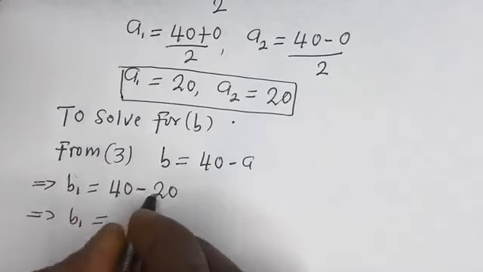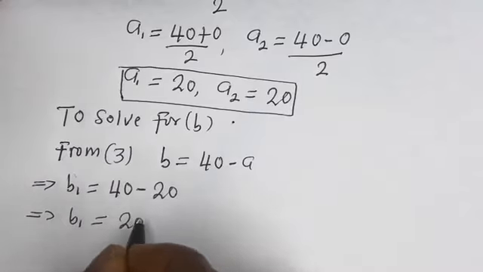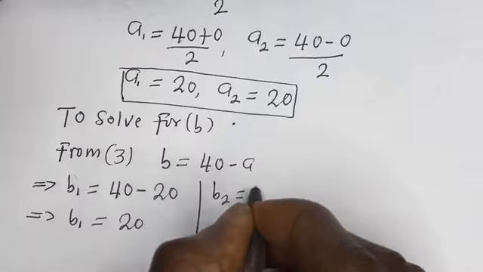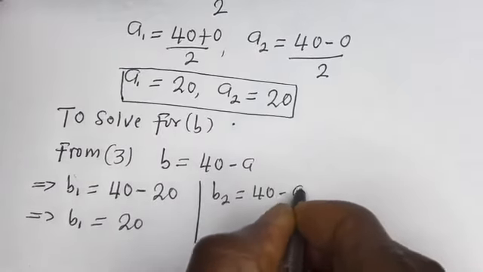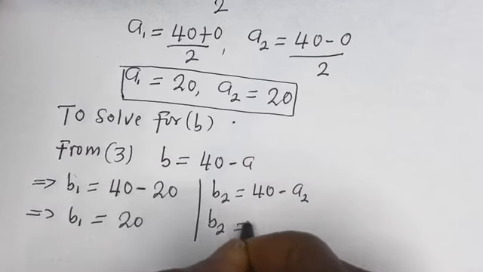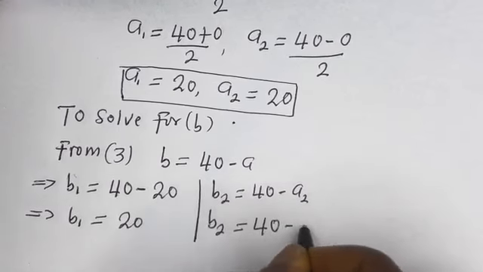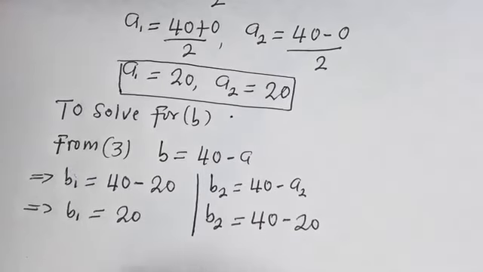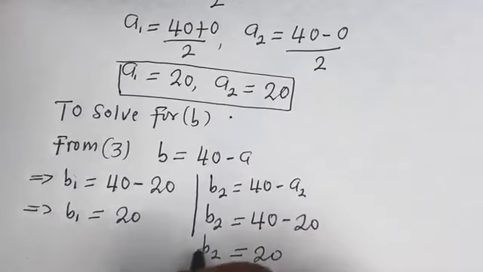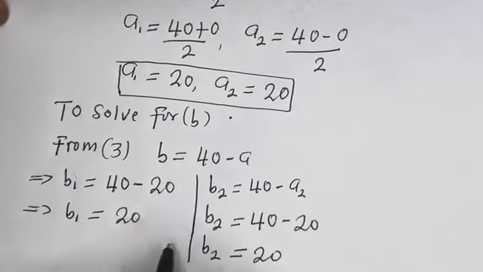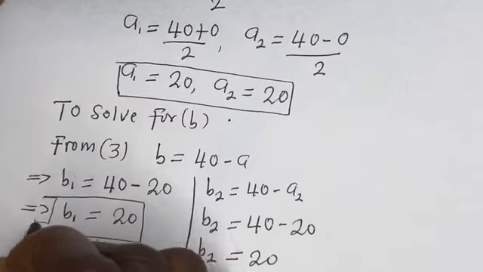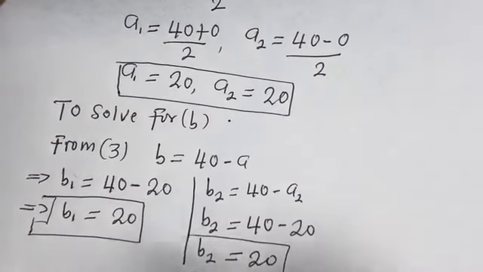B1 is equal to 40 minus 20, that is 20. Also, B2 is equal to 40 minus A2. B2 is equal to 40 minus 20. B2 is equal to 20. Then here we got the value of B1, which is 20, and the value of B2, which is also 20.